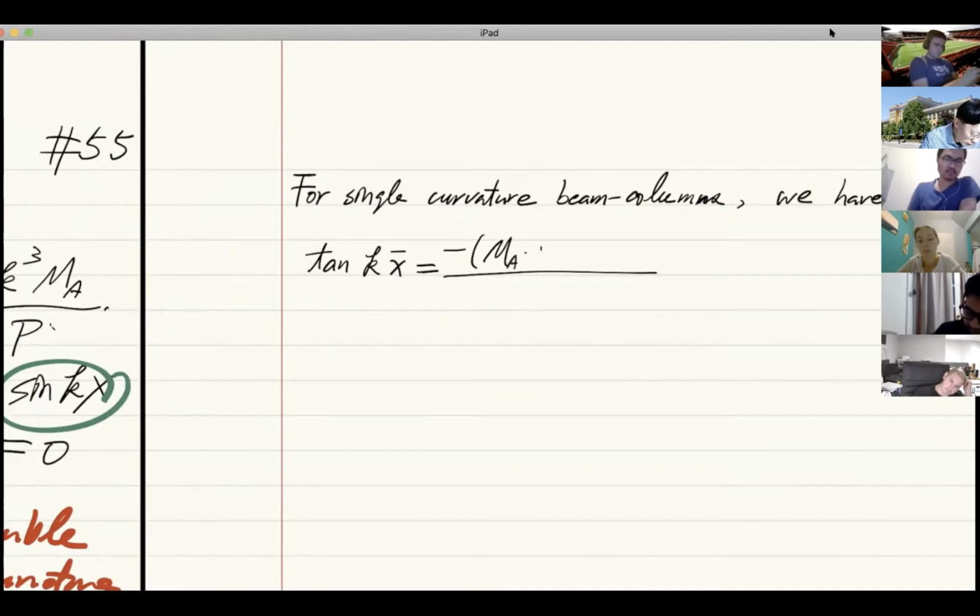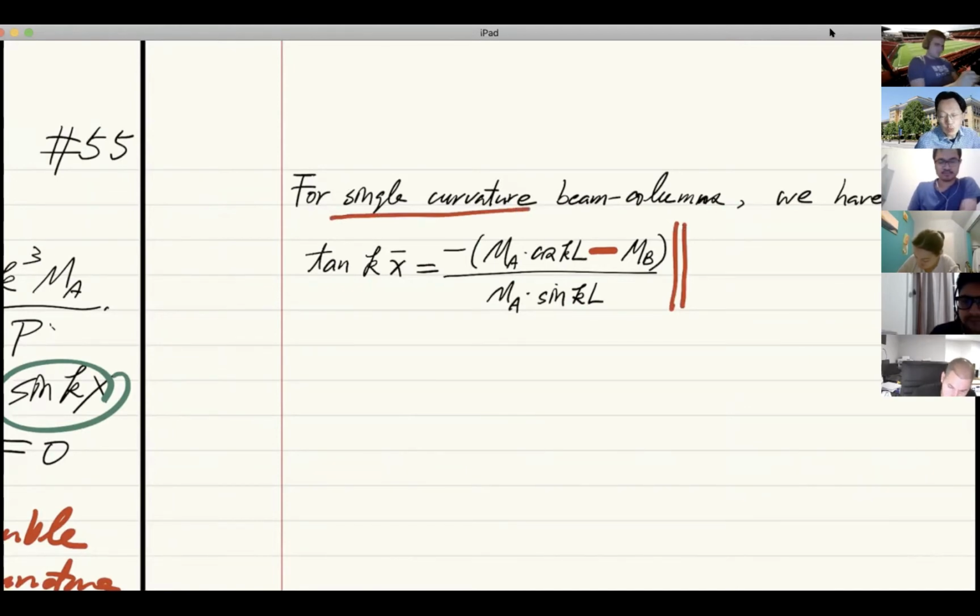So it's MA times cosine KL. Now it becomes minus MB divided by MA times sine KL. So this is the condition for single curvature.